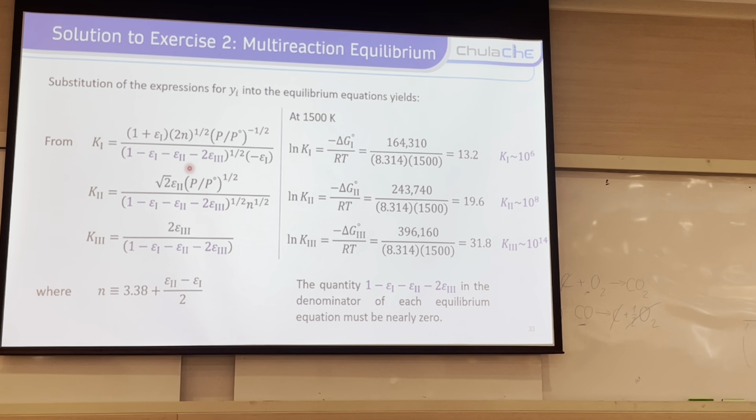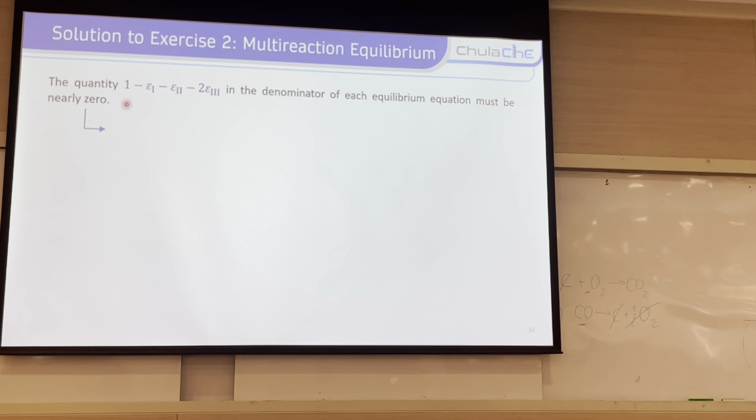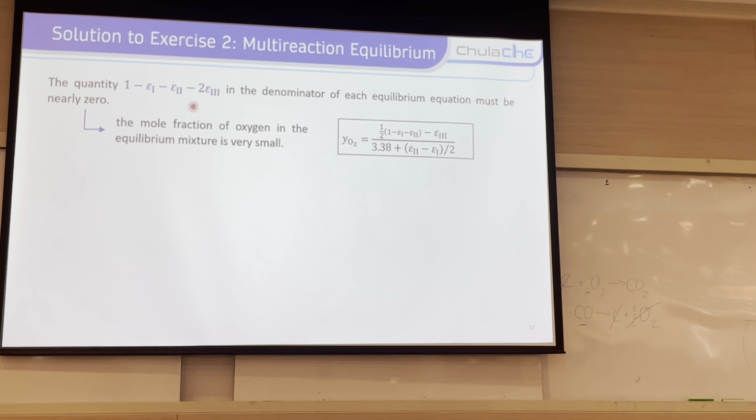And the meaning of very, very small in this case is that the purple term here must be nearly zero. So the purple term being close to zero means that probably the mole fraction of oxygen in the equilibrium mixture must be very small as well.